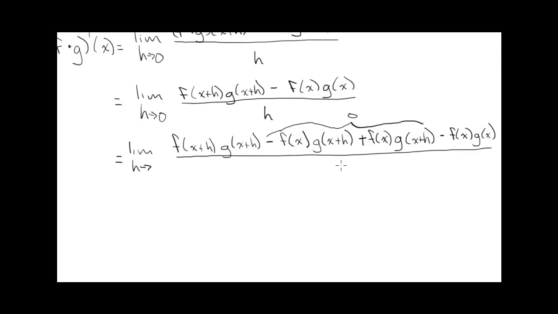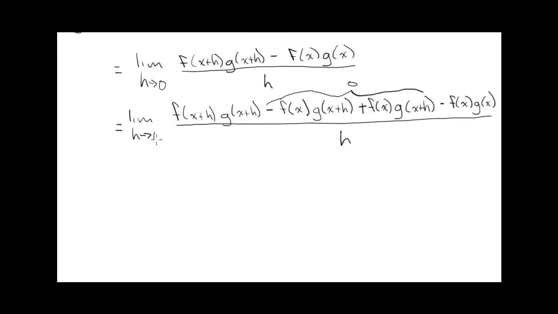All I did was take this original thing and stick these two terms right in the middle, but these two terms are equal to 0, so that's why I can do that. And like I said, you're probably saying, how did you get those two terms? It's not obvious, but it works, so that's what we do.